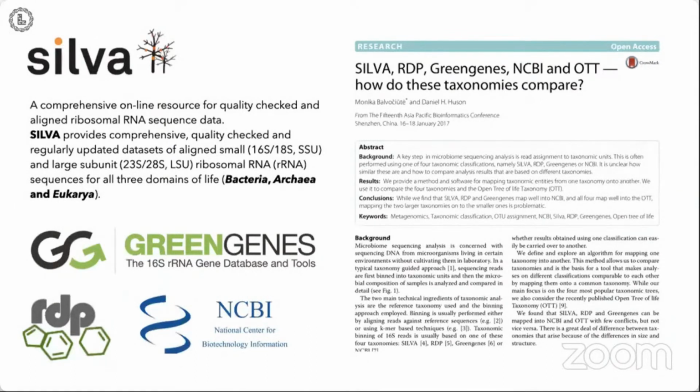These databases contain taxonomic information for the domains of bacteria, archaea, and eukarya, based primarily on the phylogenetic information or phylogenies that are built from the small subunit rRNAs, 16S rRNA for the prokaryotes and 18S rRNA for the eukaryotes. So we can use, for example, the Silva database to understand the taxonomical distribution of our OTUs.